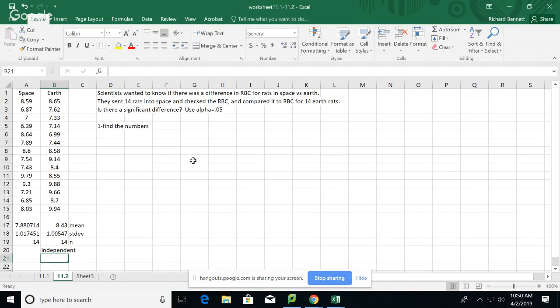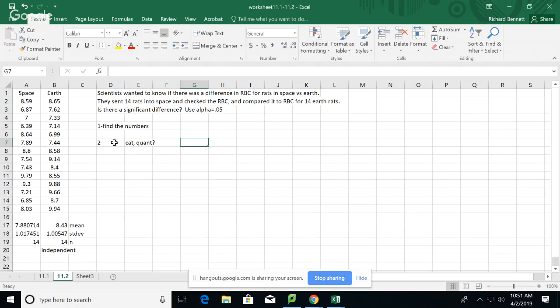Okay? All right, so we found the numbers. Step number 2, and we decided it was independent. Categorical or quantitative? Should we vote? Who says it's categorical?